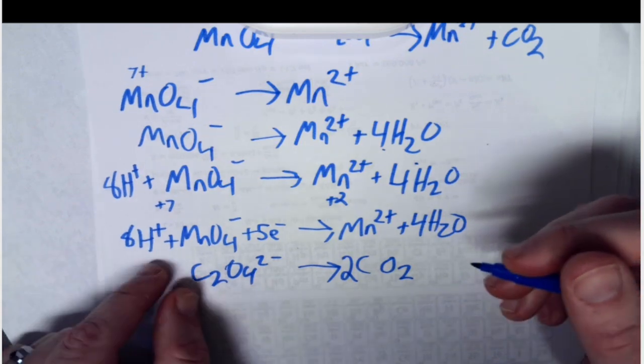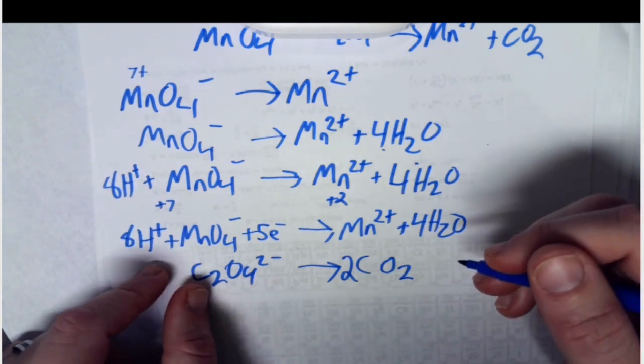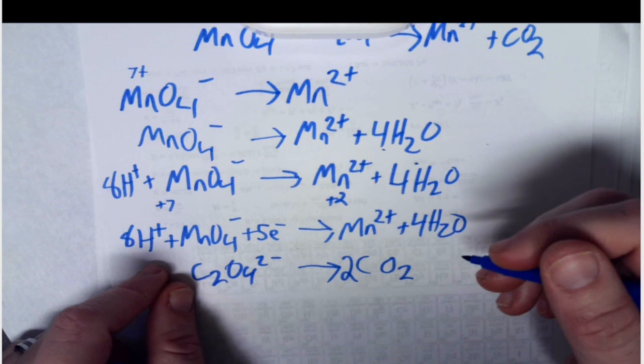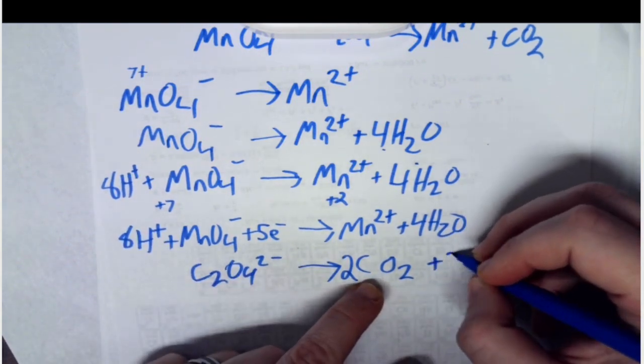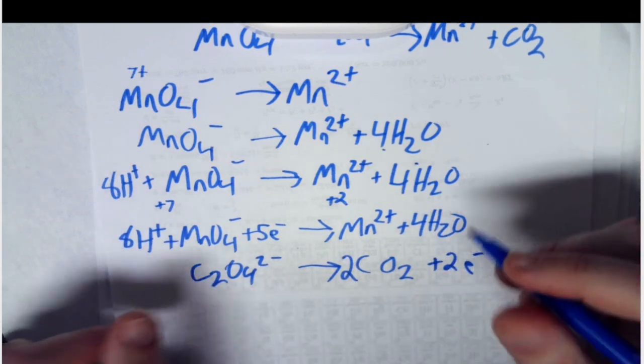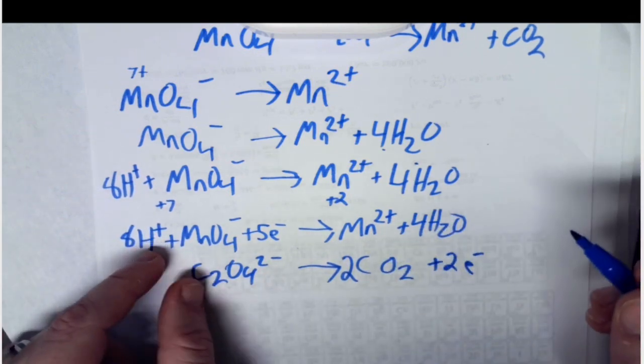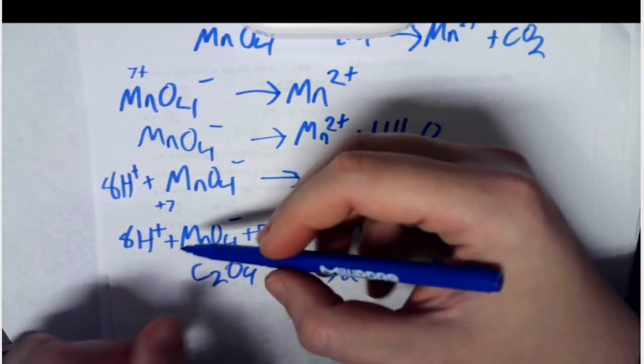So I don't need to add water. I just need to add electrons. 2 minus on the left, 0 on the right, so I have to add 2 electrons. It's balanced.